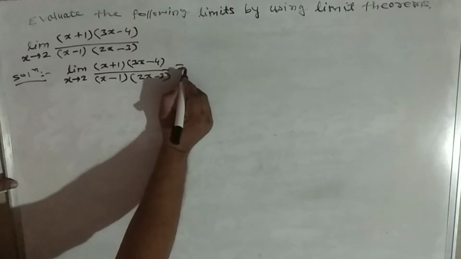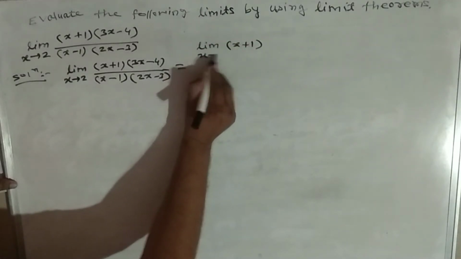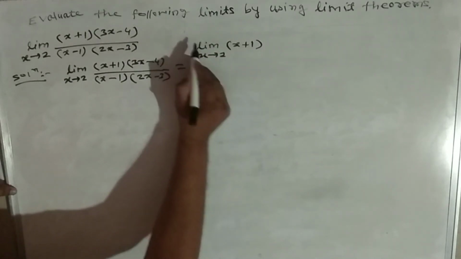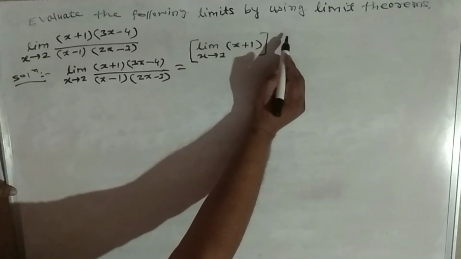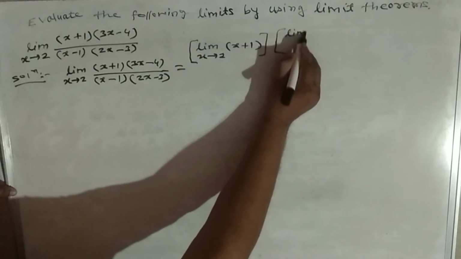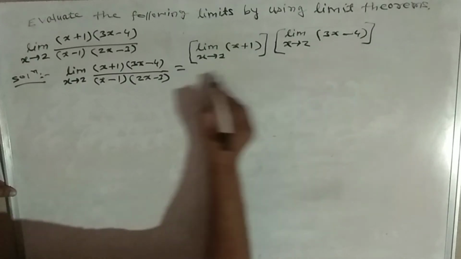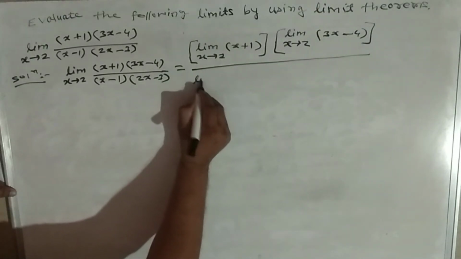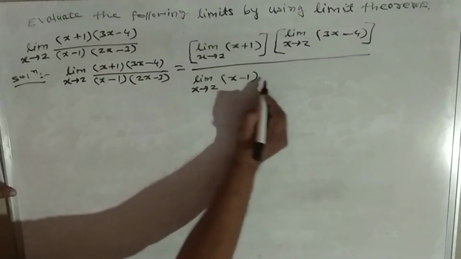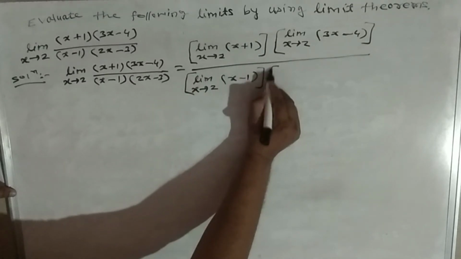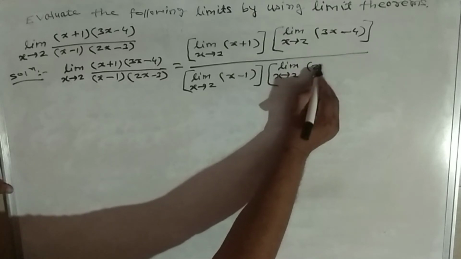So this can be written in this form: limit of the function x + 1 as x tends to 2, into limit as x tends to 2 of the function 3x − 4, divided by limit as x tends to 2 of the function x − 1, into limit as x tends to 2 of the function 2x − 3.